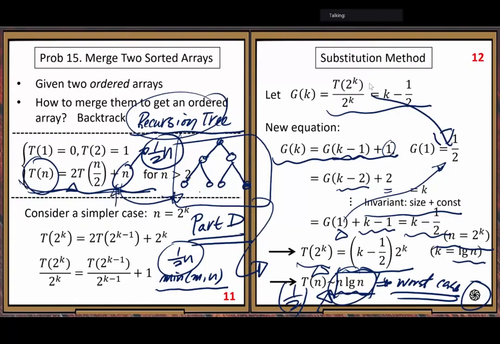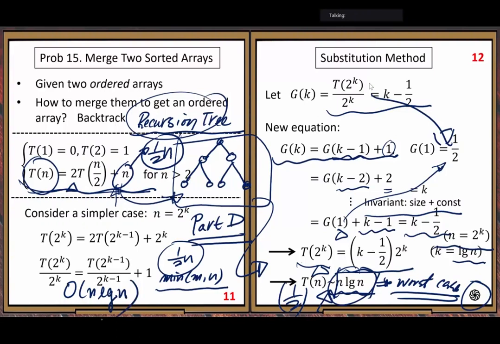So the best case is approximately 1/2 of the worst case. All right? So still in the same category. For the merge sort, best case and worst case are in the same category.